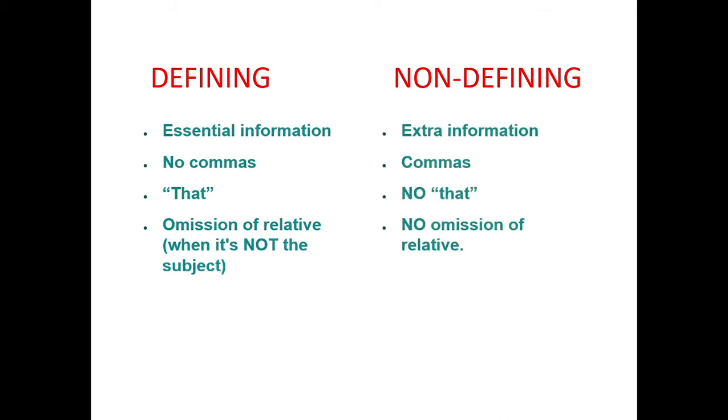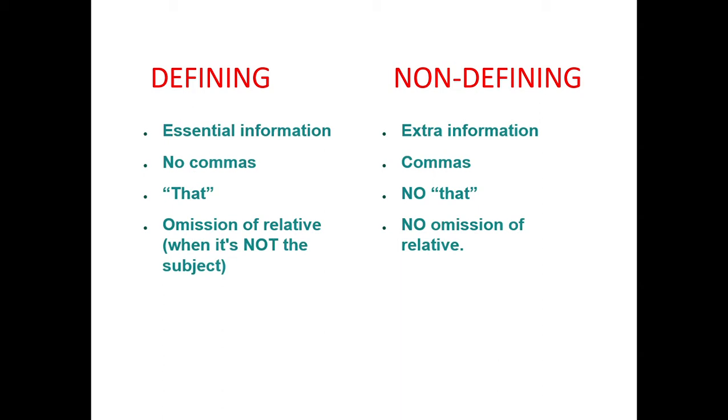So what are the differences between defining and non-defining? Defining gives essential information, while non-defining gives extra information. You use no commas with defining relative clauses, while commas are used for non-defining.